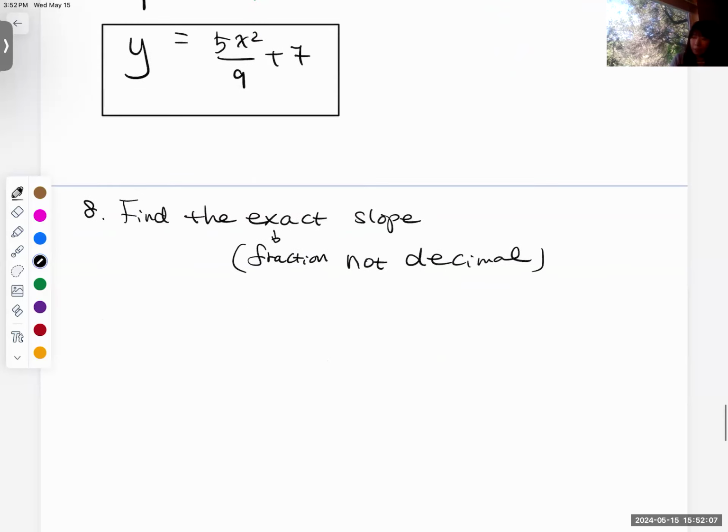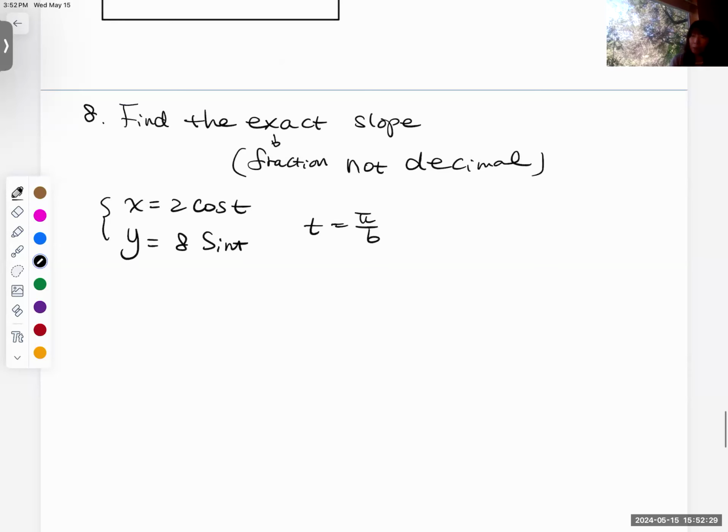Okay, so we have x equal to 2 cosine t, y equal to 2 sine t, t equal to pi over 6. Okay, so slope. Also derivative, right? So this is a parametric equation.